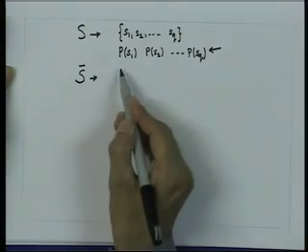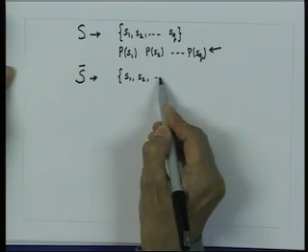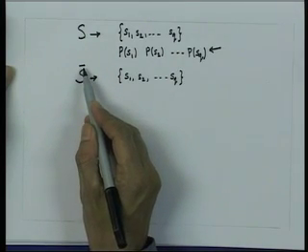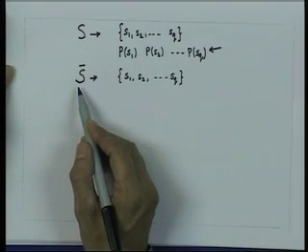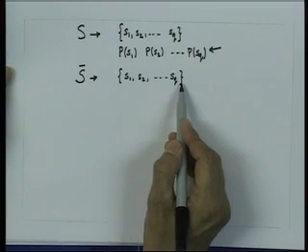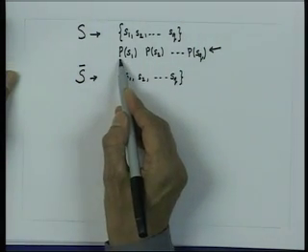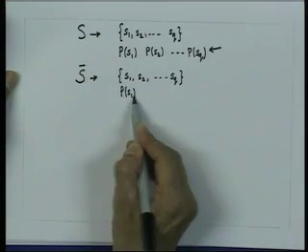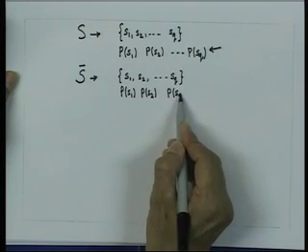This source S bar also has the same source alphabet, that is S1, S2, SQ, but this source S bar is a zero memory source. So, if it is a zero memory source, then it has got only unconditional probabilities, and let me assume that the unconditional probabilities for this source are identical to the one which we have for the source S. So, the unconditional probabilities are also identical and they are given by P of S1, P of S2, P of SQ.